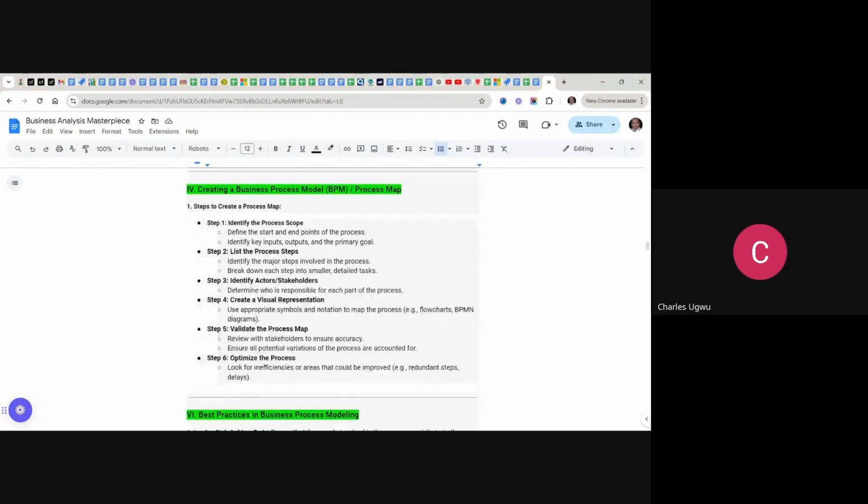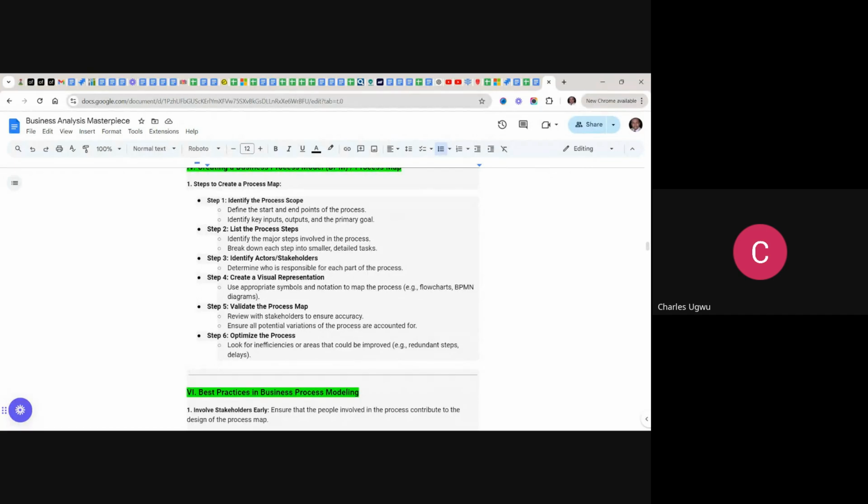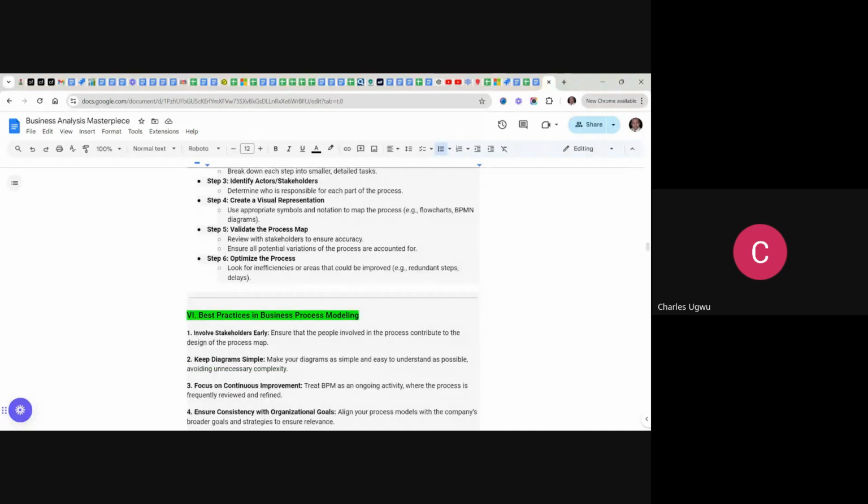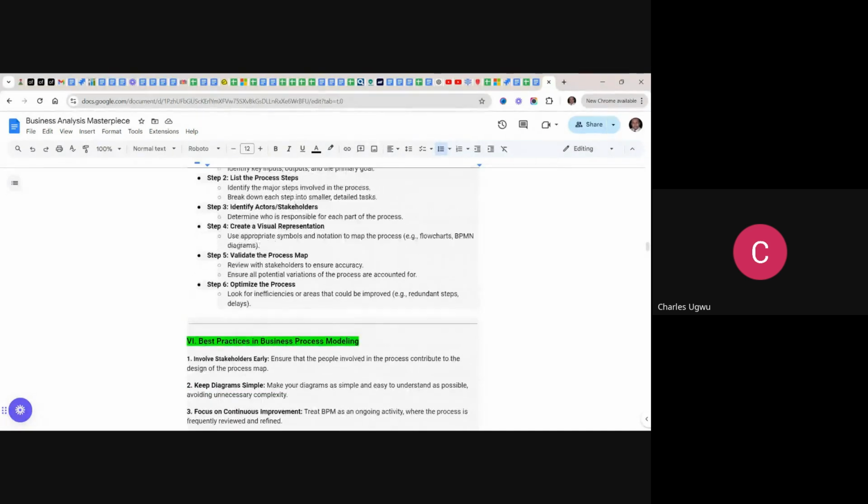Validate the process map: review it with the stakeholders to ensure accuracy and that potential variations of the process are accounted for. Then optimize the process: look for inefficiencies or areas that could be improved within the process. That is the key steps.